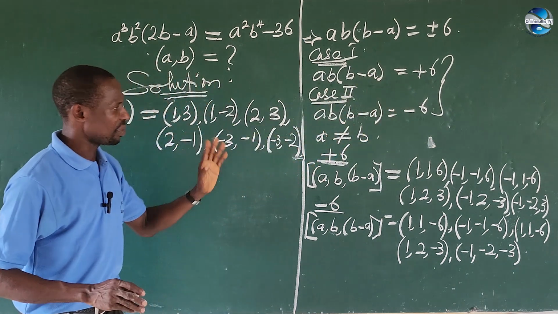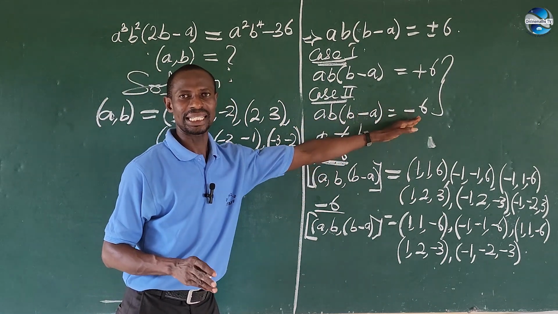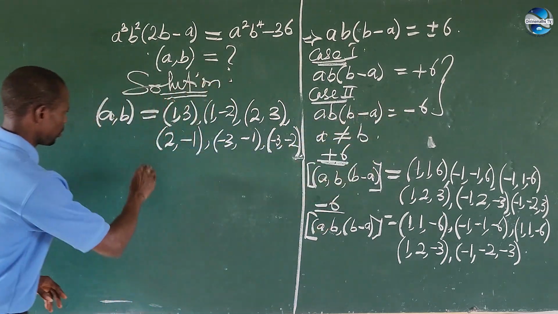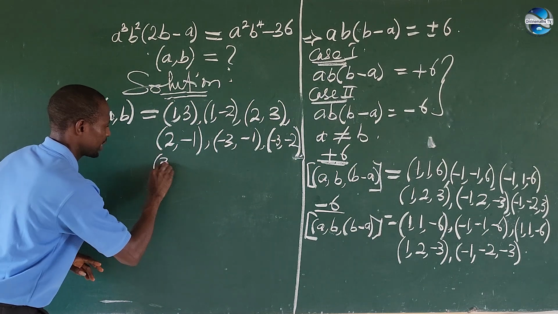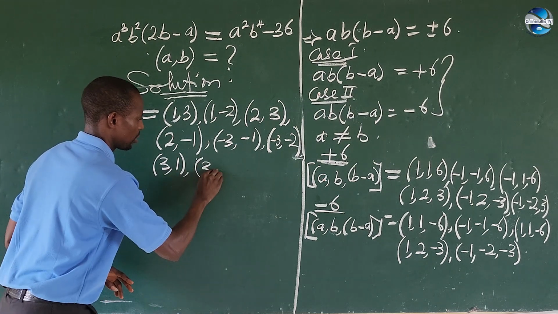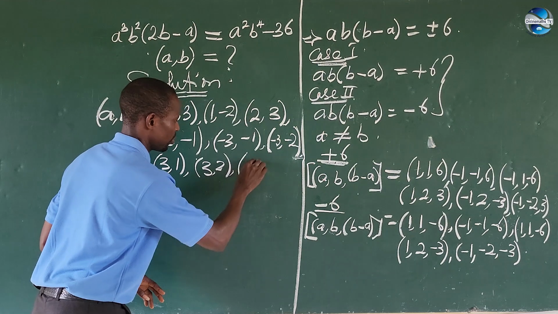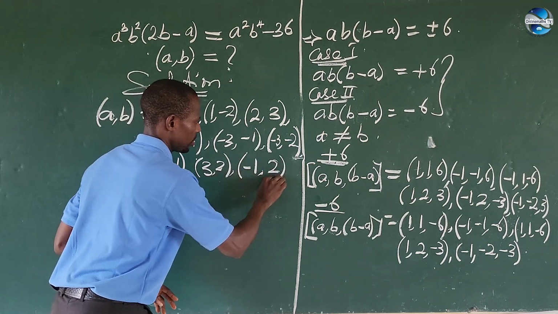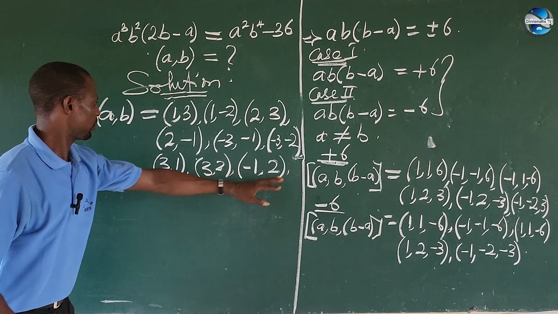Let's go ahead and bring out the pairs of A and B that will now satisfy the case 2, which is the negative 6. All right, so from here, we equally have this for case 2. We have 3, comma, 1. Then we have 3, comma, 2. Then we have minus 1, 2. All right, so let's still bring out more again from here.